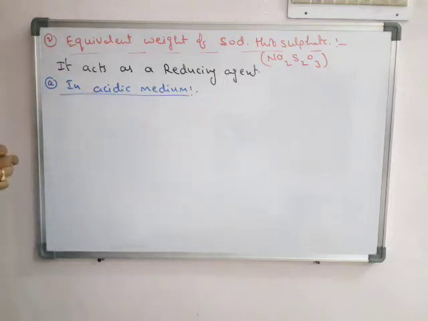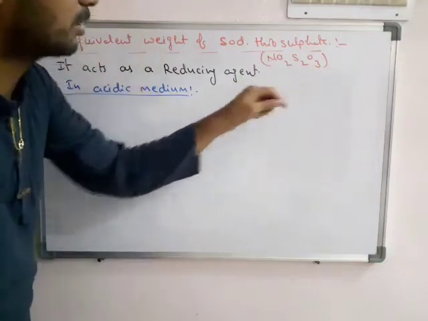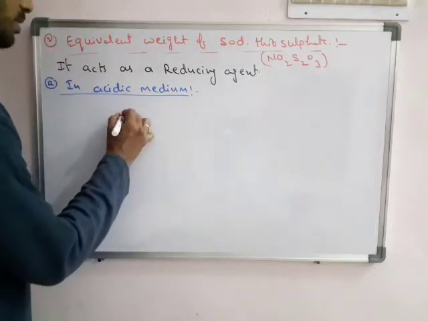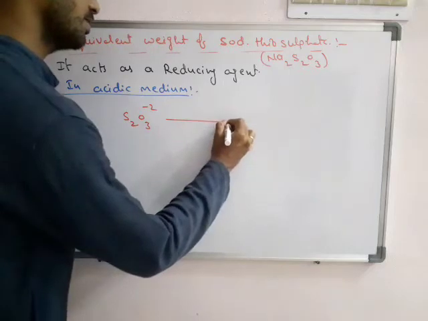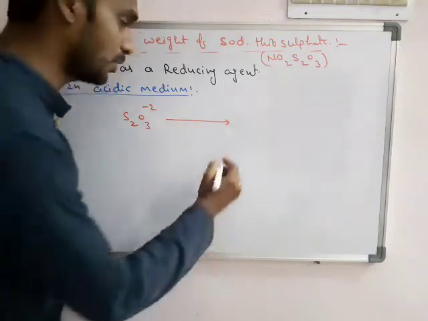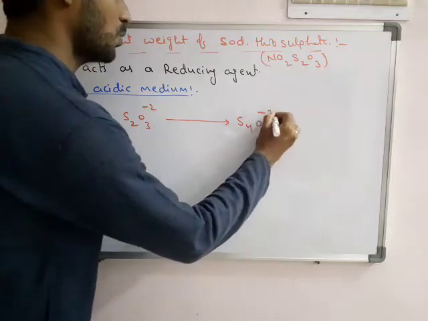It is observed that in acidic medium thiosulfate changes to the tetrathionate ion. The thiosulfate ion is S2O3 minus 2. It is observed in the reactions in acidic medium that it becomes S4O6 minus 2.